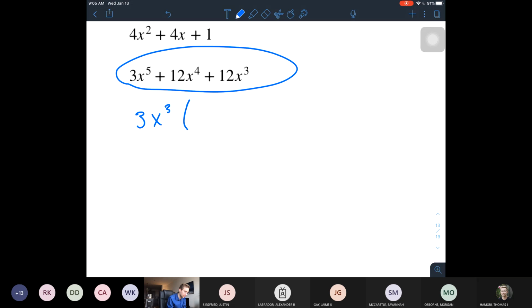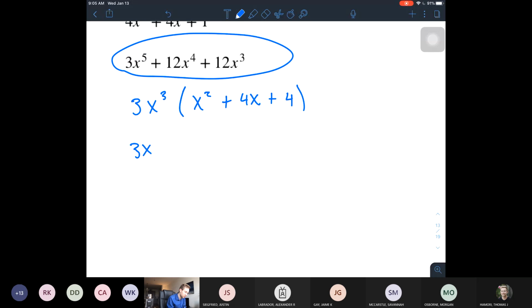And then we'll be left with x squared plus 4x plus 4. And great, we just factored that one. So that one's going to be 3x cubed times x plus 2 squared. Okay, so that's how we're going to factor that one. That one didn't turn out to be as hard since we had already factored x squared plus 4x plus 4 just before.